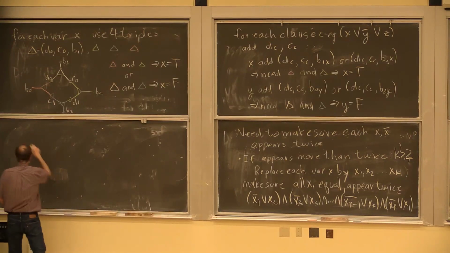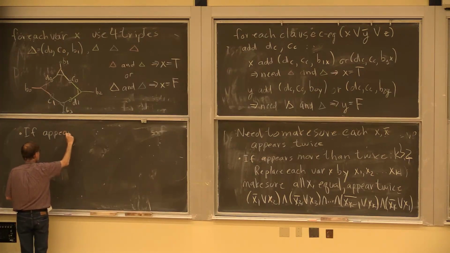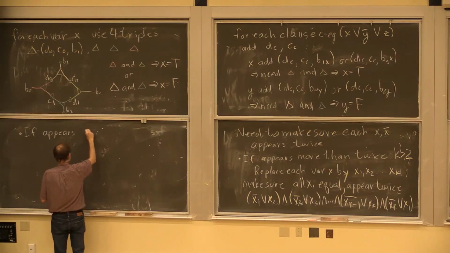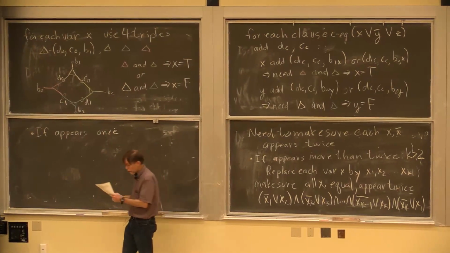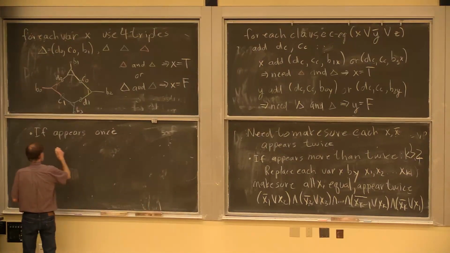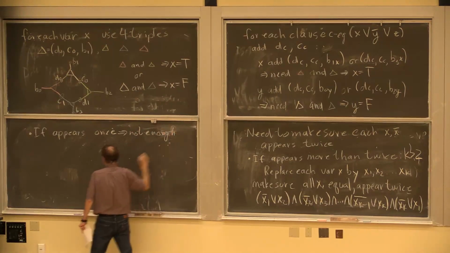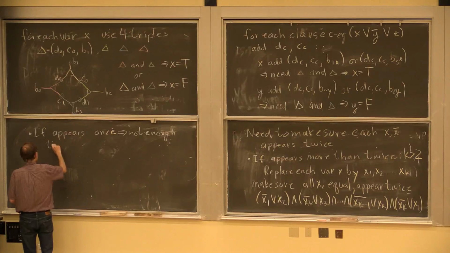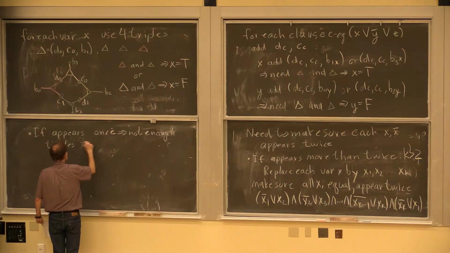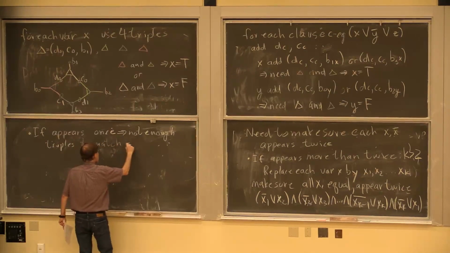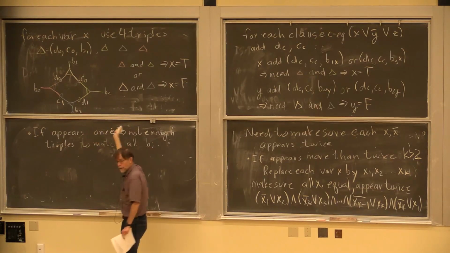So now, if my variable x or x bar appears once, what do I do? I need to add a whole bunch more triples to make sure that all the b's can get matched. The problem here is that there are not enough triples to match all the BIs, because I need 2, one for the top and one for the bottom, or for the left and for the right.